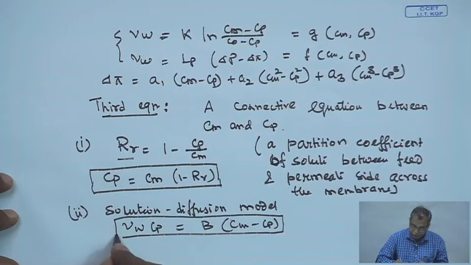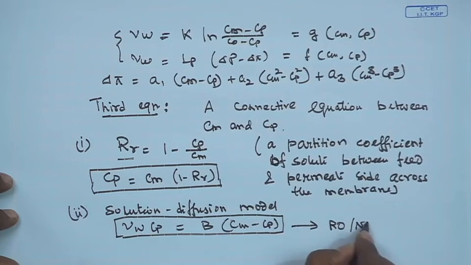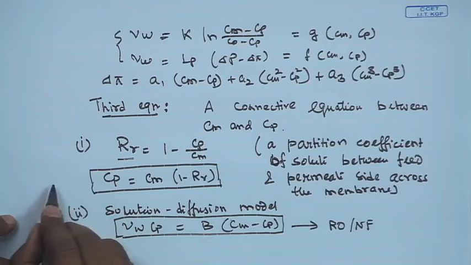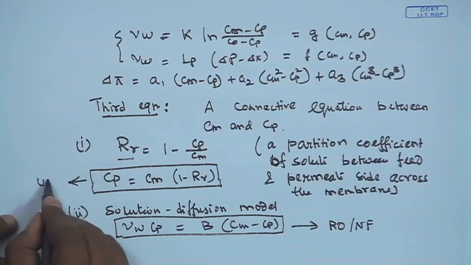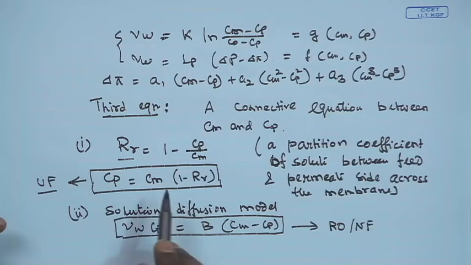This can be utilized as a third equation in the case of reverse osmosis and nanofiltration, and in the case of ultrafiltration we can use the definition of real retention to connect Cp and Cm as a third equation. Let us look into the case of ultrafiltration first, because that will give an easy way of handling the system. Then we will look into the solution diffusion model, and after that we will examine the various other variants of the solution diffusion model.